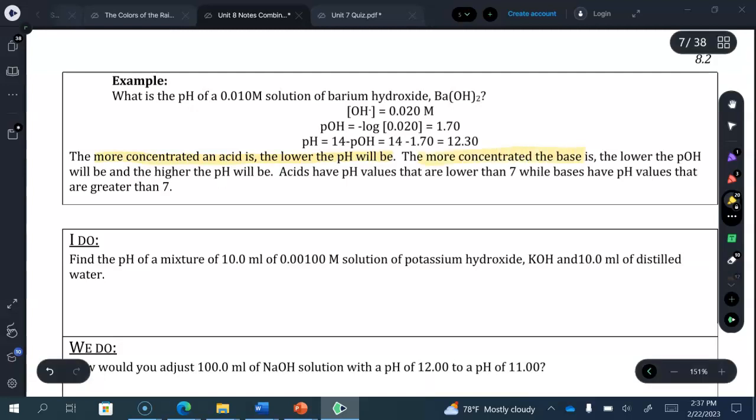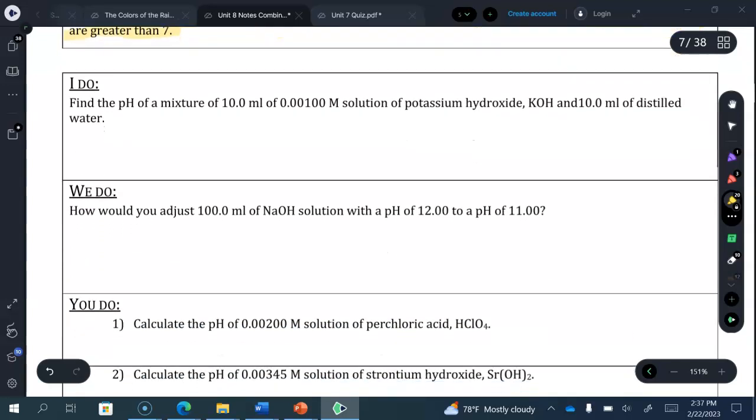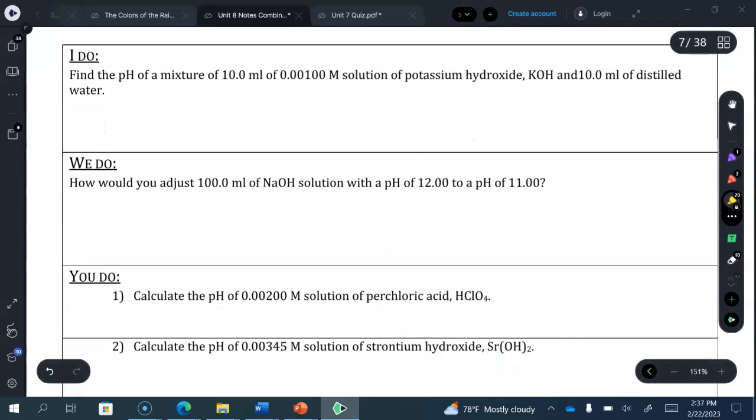So a more concentrated base will have a higher pH. Acids have pH values that are lower than 7, while bases have pH values that are greater than 7. So let's look at how we can use these equations and the concept of acid and base on this scale in an example problem.